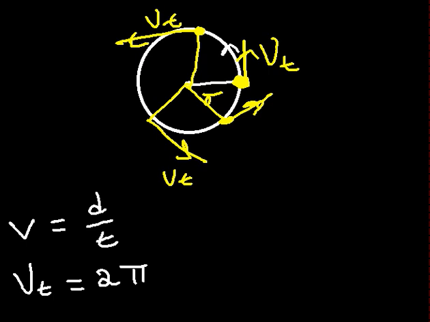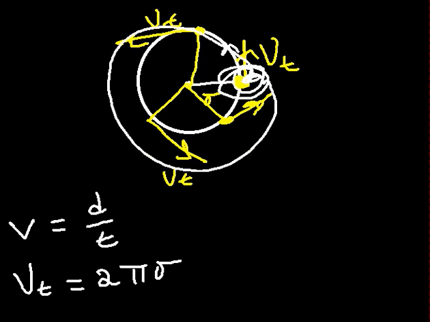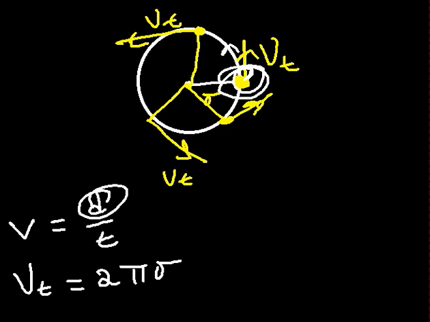If the object has completed the full circle, then the distance is the circumference of the circle, given as 2 pi r, because the object has moved from this point all over and back to the same point. In this case, the time is the period, given as T. So what is the tangential speed?